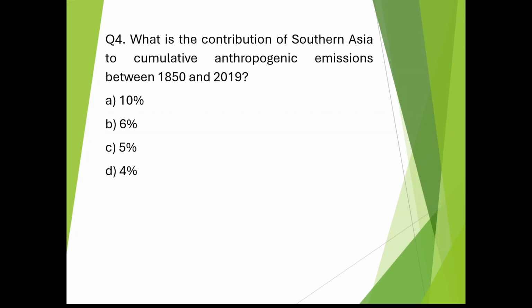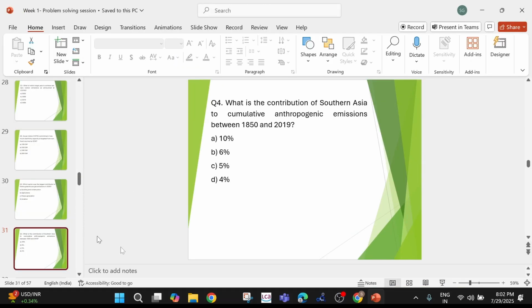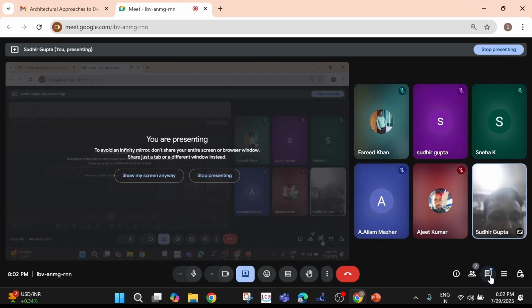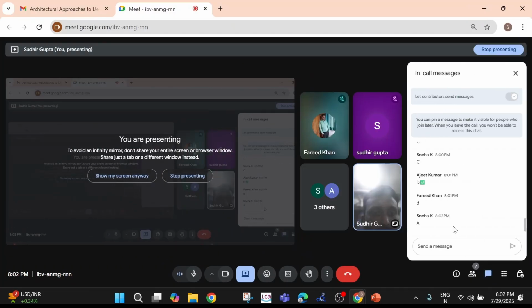So, as I can see, till now two people have answered option D, and Sneha has answered option A. Okay, so Alam is opting for 24%.